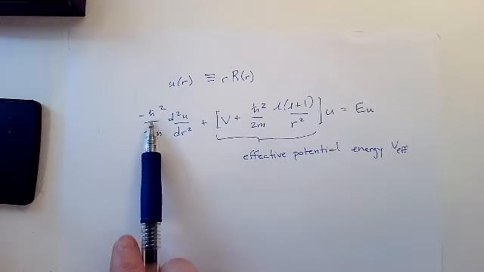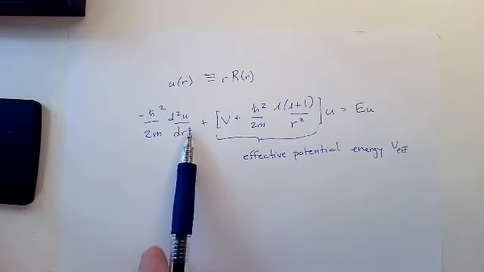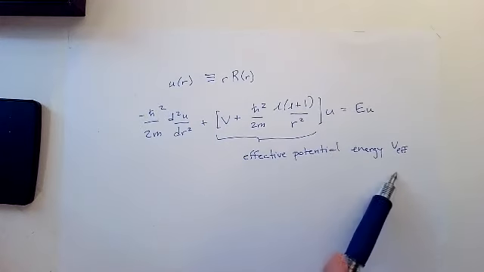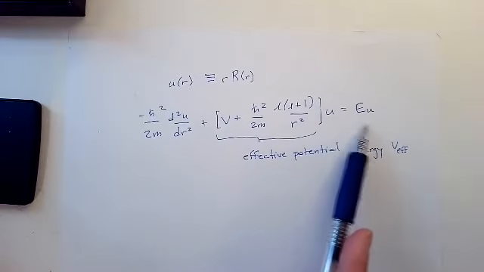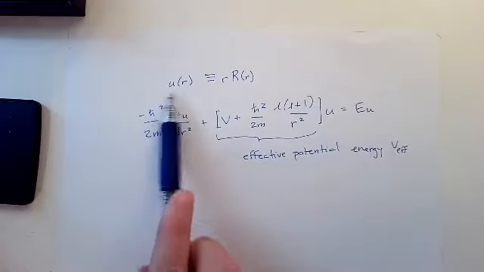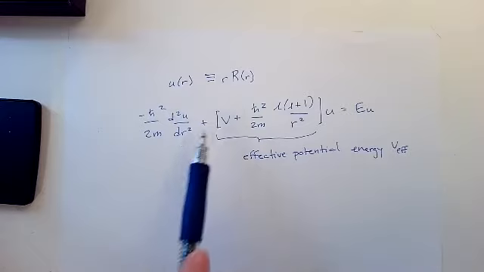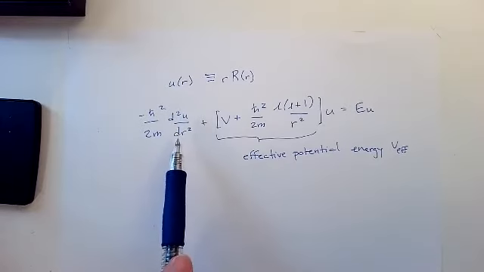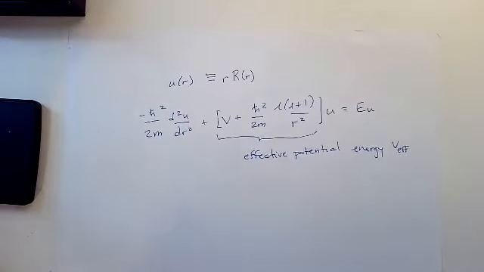We have an h bar squared over 2m times the second derivative. We have this thing that we're going to relabel as our effective potential energy times our original function, and we have our energy times our original function. So here, u as a function of r is standing in for what we called psi in our one-dimensional Schrodinger equation. Since we've already seen that, we already know how to solve it.